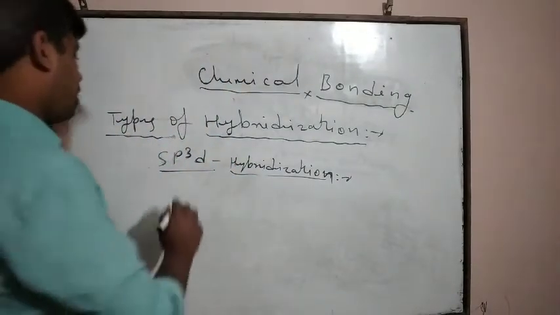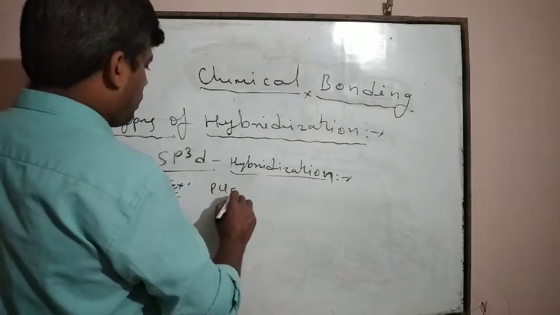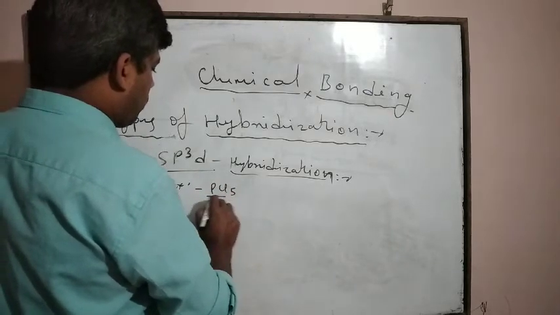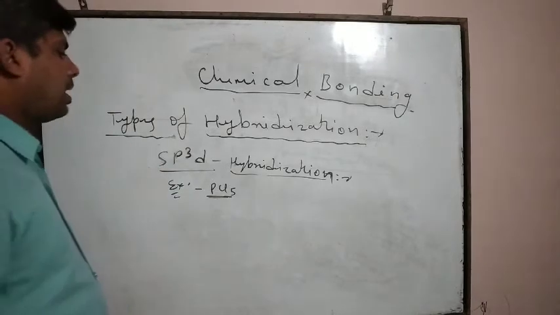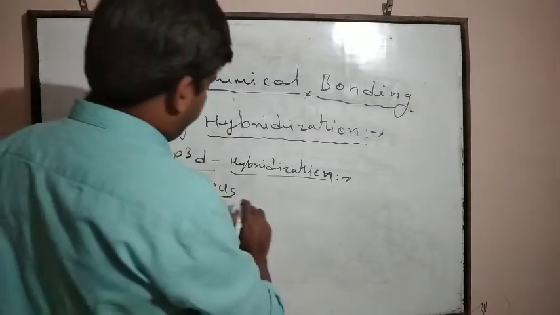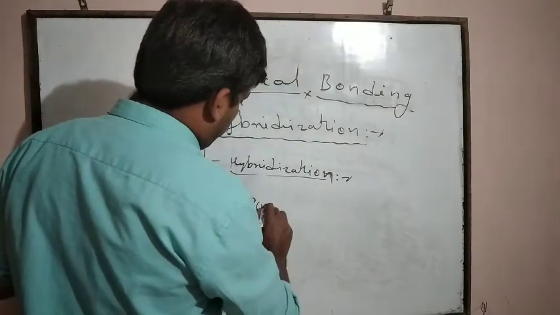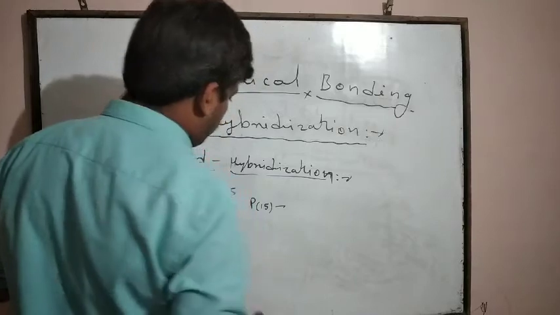sp3d hybridization. Example: if PCl5, phosphorus pentachloride, is taken. The atomic number of phosphorus is 15.